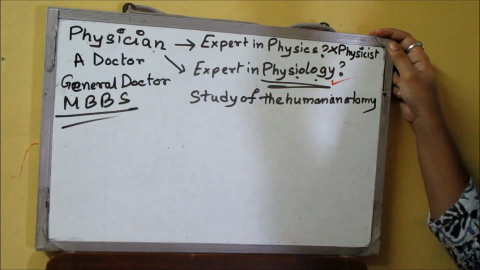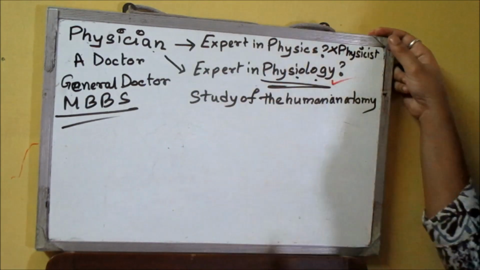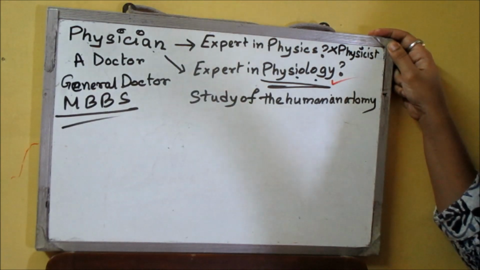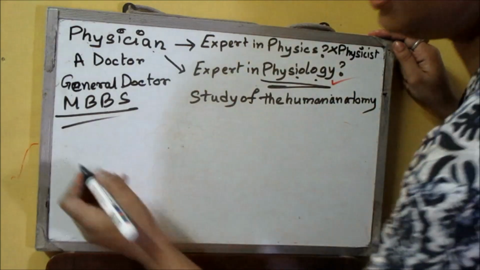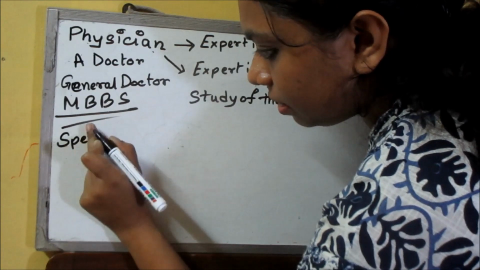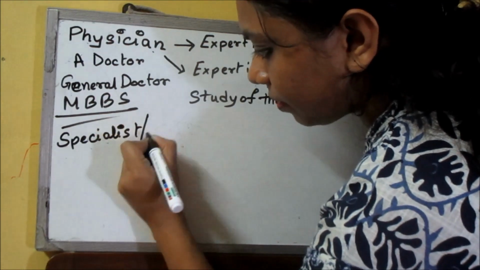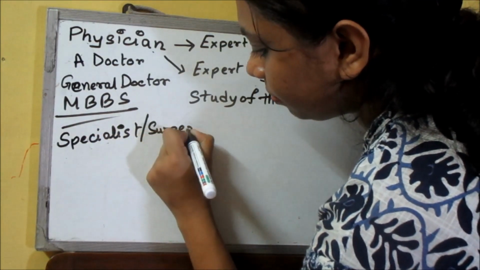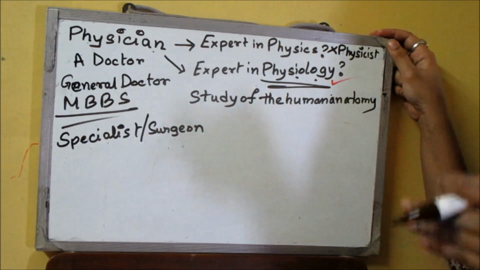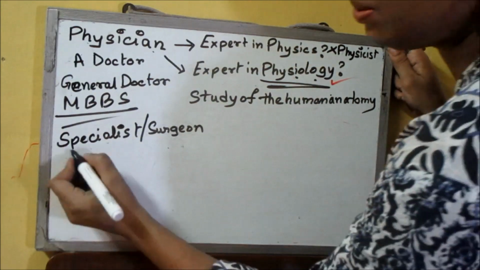You have a heart, you have a chest pain, you have cough, you have fever, anything, you can go to a general doctor, and if he sees that there are complications in any field, then he will refer you to a specialist or a surgeon. So a general doctor, when he sees some complications in your health that requires expert opinion, he will send you to a specialist or a surgeon who has an MD.